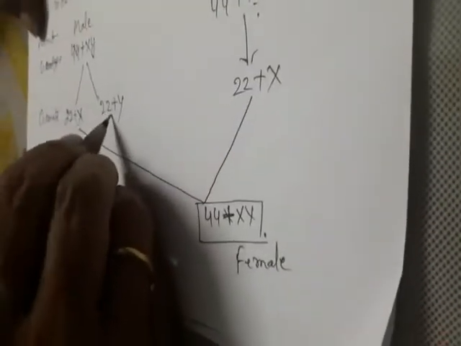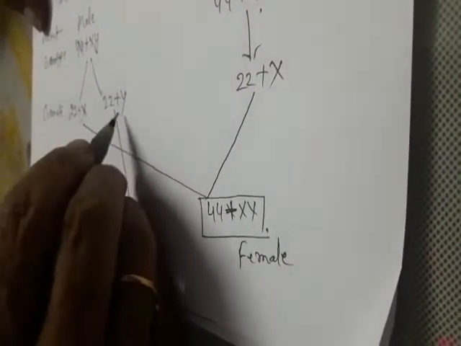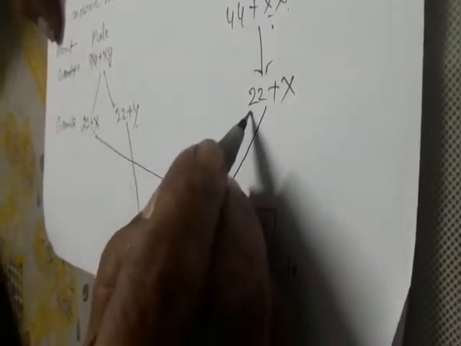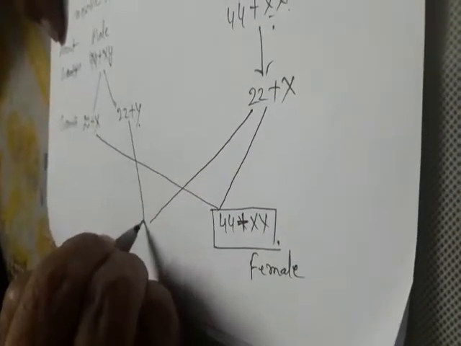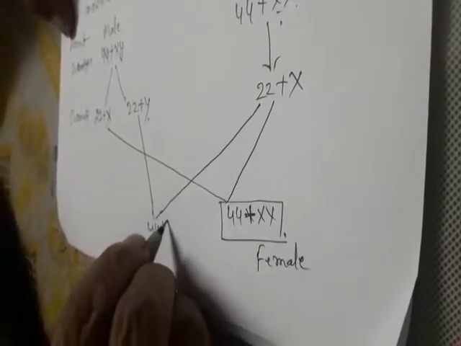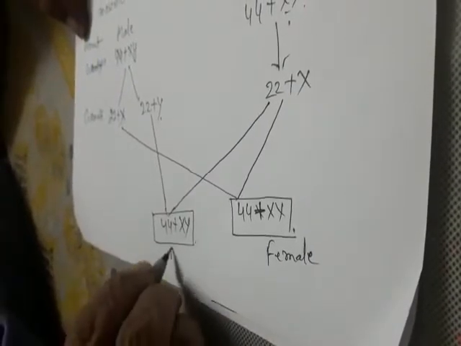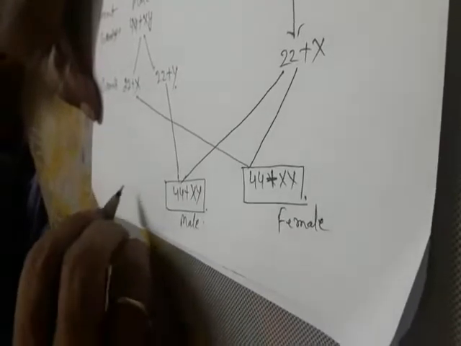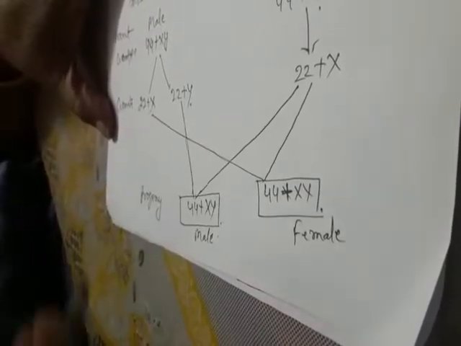Then a sperm carrying Y chromosome fused with ovum forms 44 plus X and Y, male one is formed. Progeny, so the F1 generation.